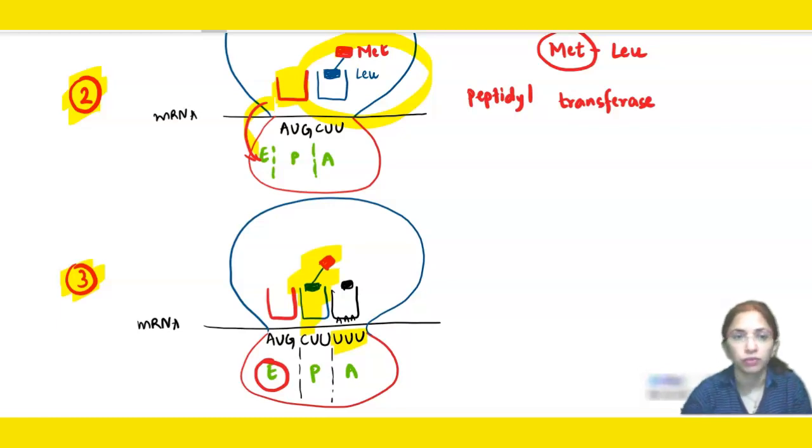This is the UUU codon on the messenger RNA now. So as per the base pairing rule, the anticodon will be AAA and the amino acid will be phenylalanine.